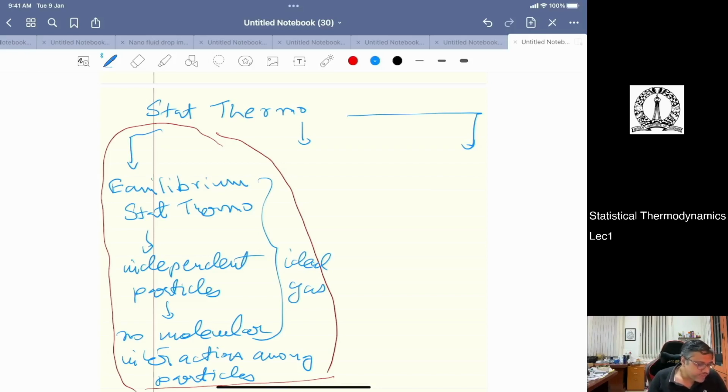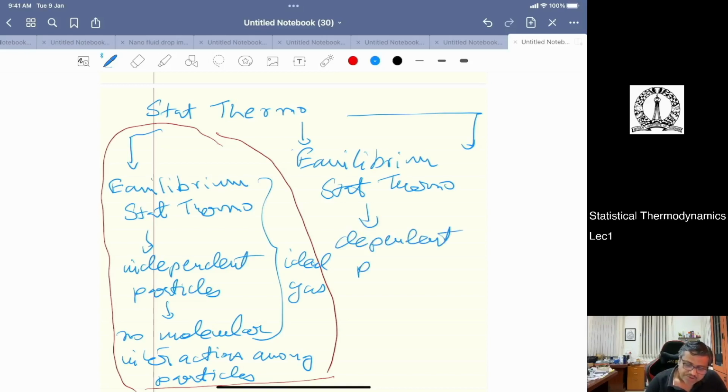The second one is also equilibrium stat thermo, but this comes with a catch. The catch is that now the particles are dependent particles.